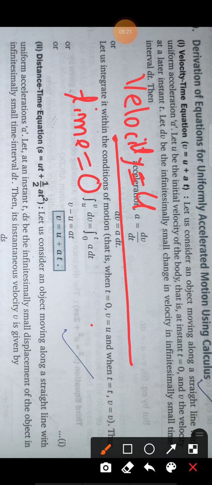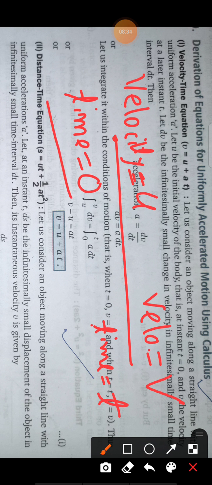Now suppose after t time, when the time is t, your velocity is how much? V. Final velocity is v. So time varies from 0 to t, and velocity varies from u to v. So lower limit of time is 0, upper limit of time is t. So why have we taken from 0 to t?